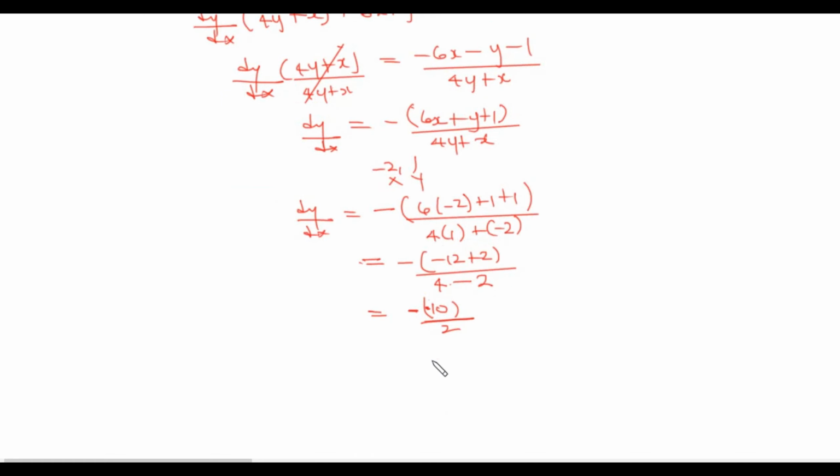Minus times minus is plus, so 10 over 2 is 5. So dy/dx is equal to 5. That's our answer for this question.